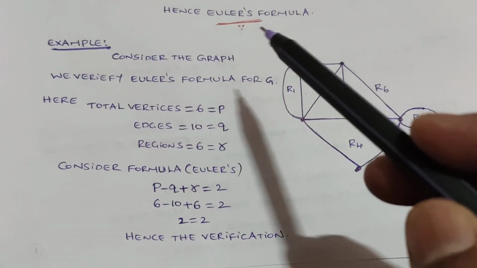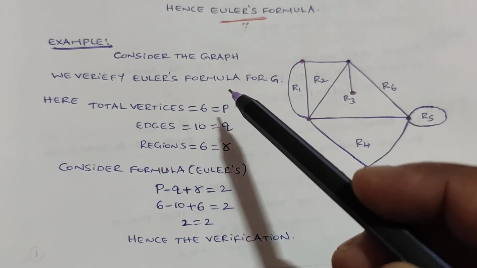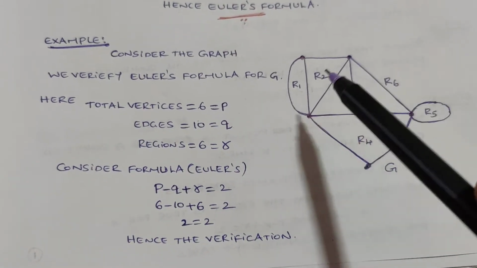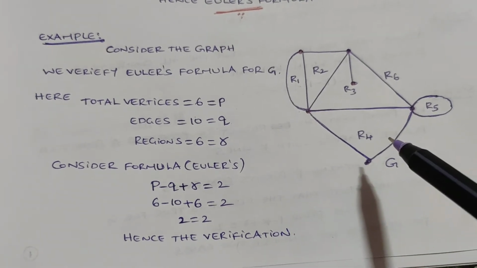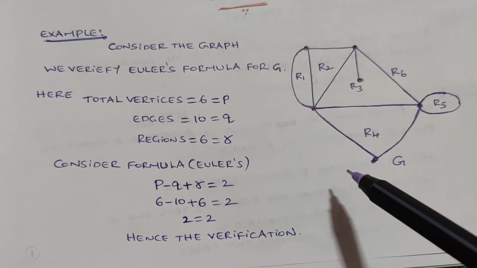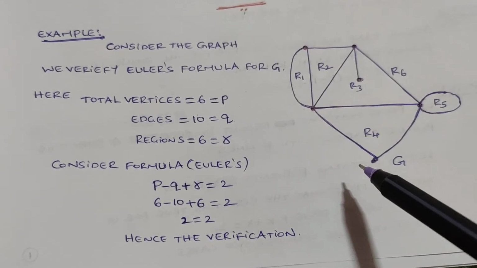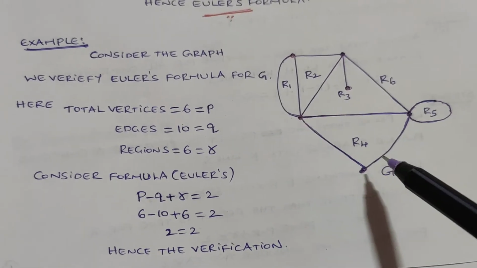After proving Euler's formula, let us verify Euler's formula for the graph G. If this type of question appears in an examination, here we are considering an example of a graph of this type.